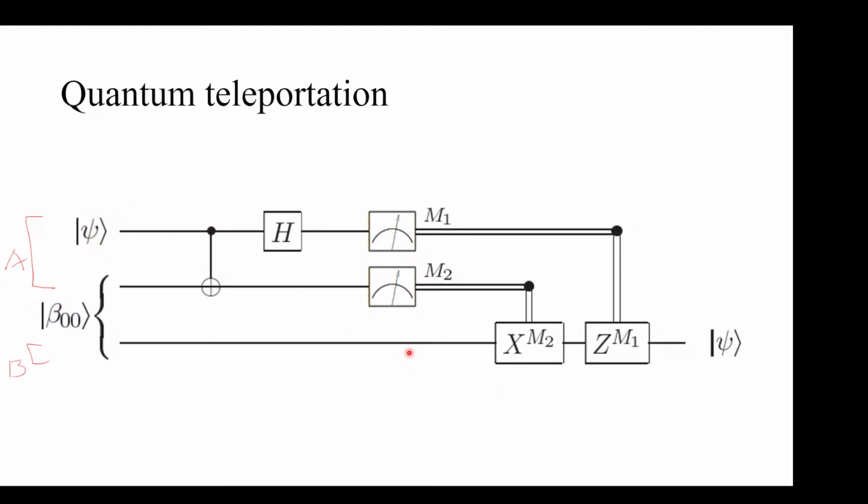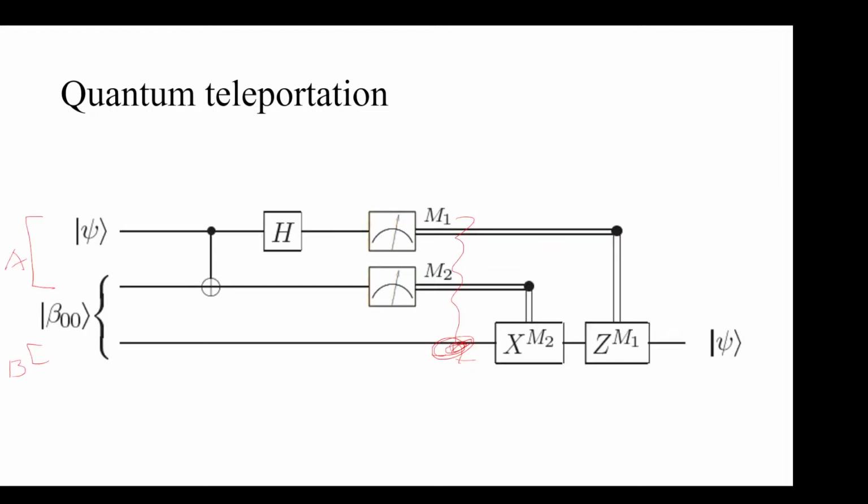So you see there's something very funny happening here. Right after you do the measurement, no one has information about psi. If you only have this part, you don't know psi, and if you only know M1 and M2, you also don't know psi. So really, you need to combine M1 and M2 and whatever state Bob holds here.